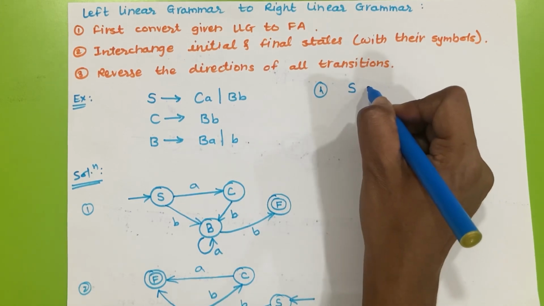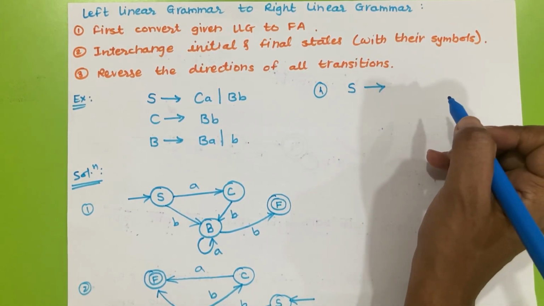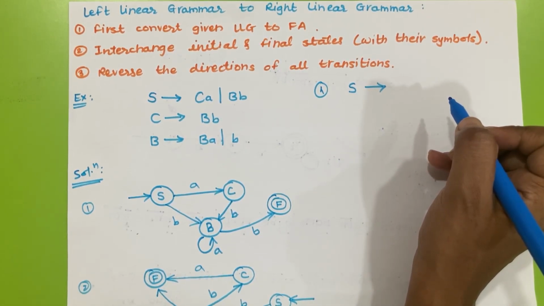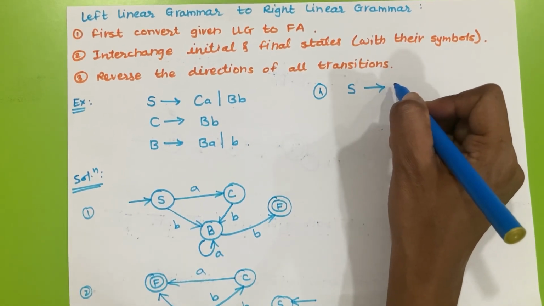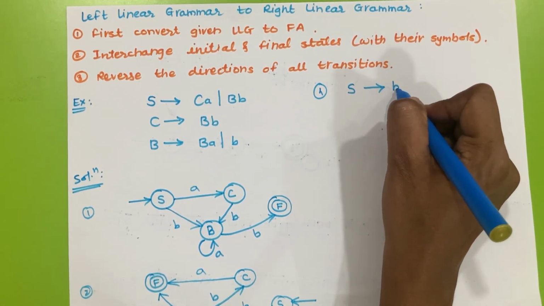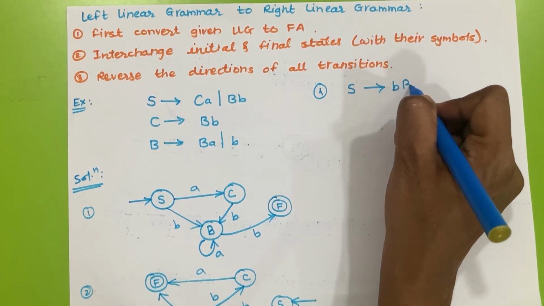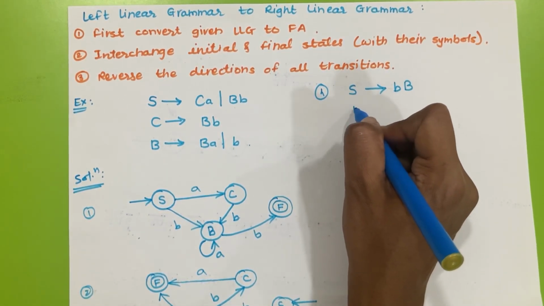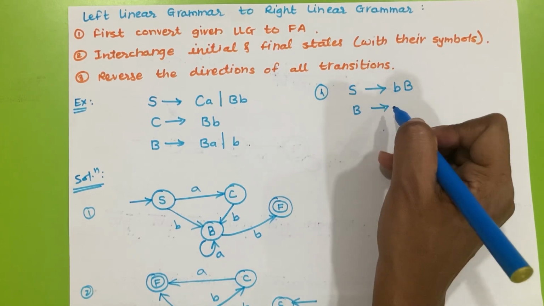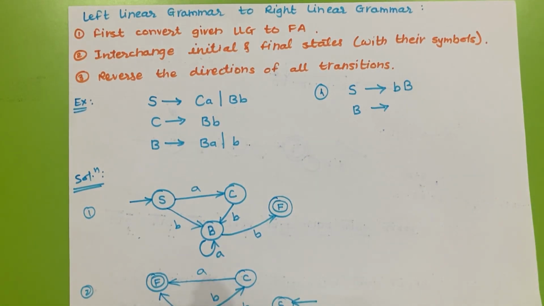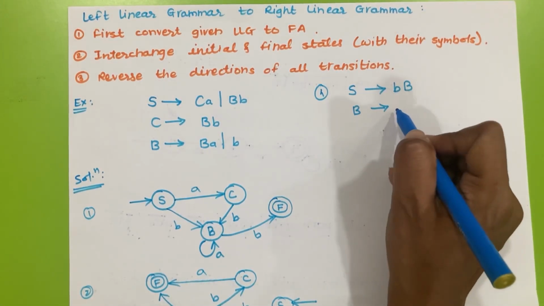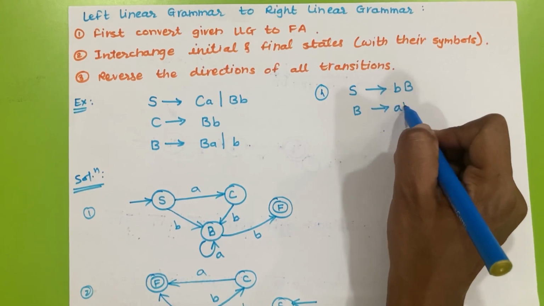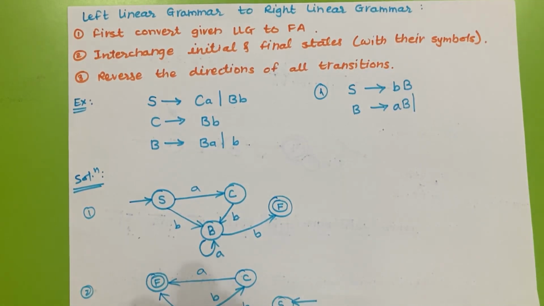So S tends to B. Okay, so first I will write small b, means terminal, and then variable. Then next B tends to, we have three outgoing transitions from state B. So B tends to AB, this will be the first.